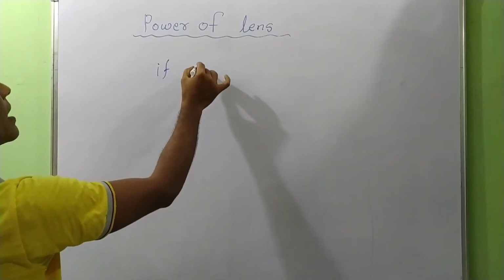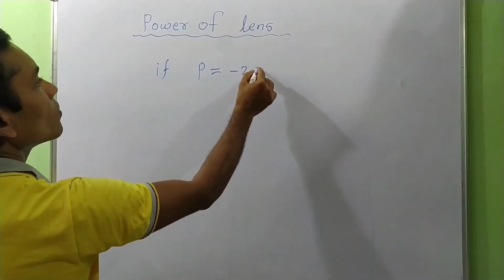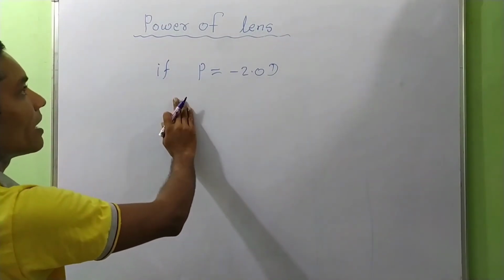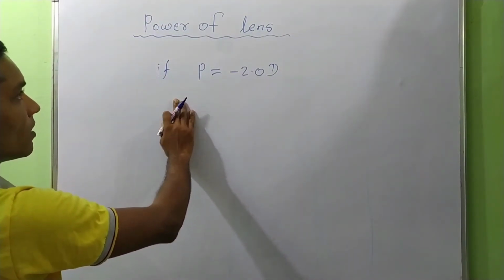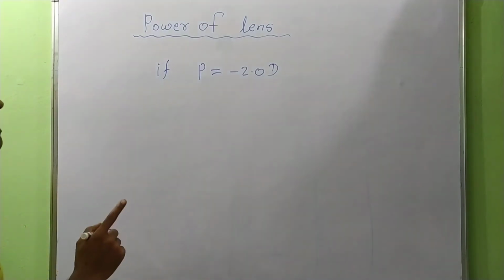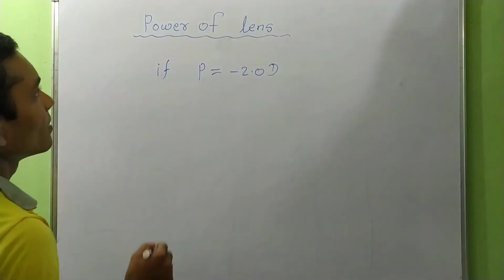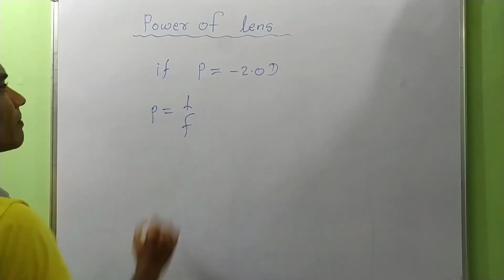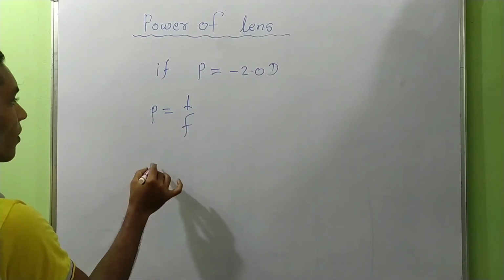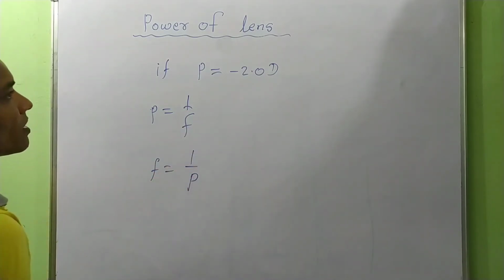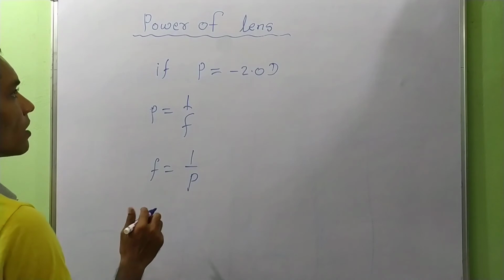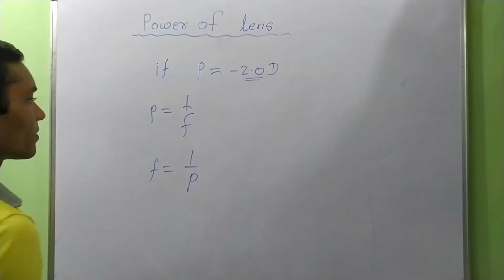Now another example. If the power of a lens P is given here as minus 2.0 diopter, what will be the focal length of this lens? And what type is this lens? You know that power P equals 1 upon f. From this formula, f will be equal to 1 upon P. This is diopter, so this is in meter.